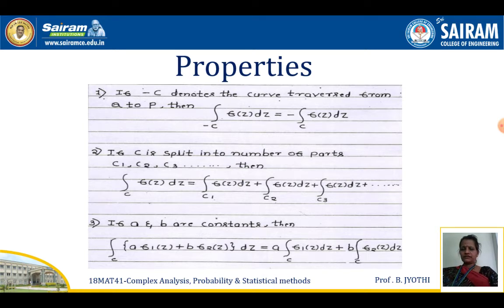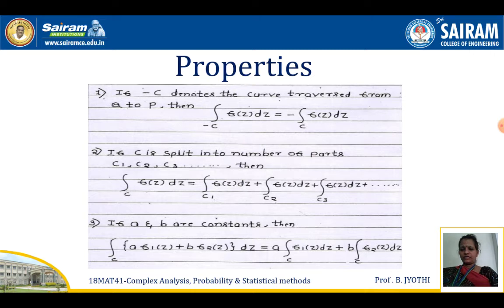Next, if C is split into a number of parts, say C1, C2, C3, etc., then the integral along the curve is also split into integral along the first curve plus integral along the second curve plus integral along the third curve, that is integral along C1 f of z dz, and so on.